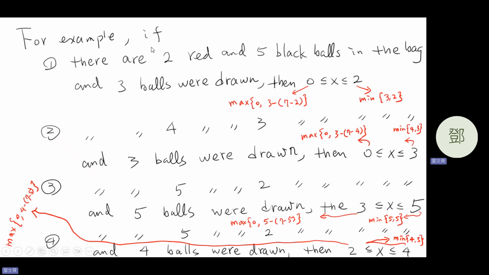For example, Johnny draws one ball from the bag and puts another ball with the same color back into the bag, okay? So it is the what number?